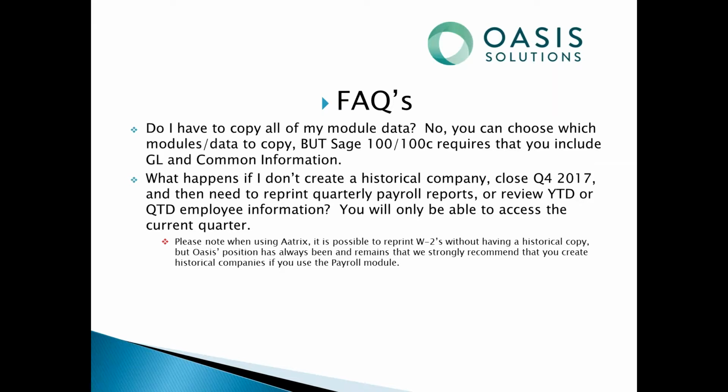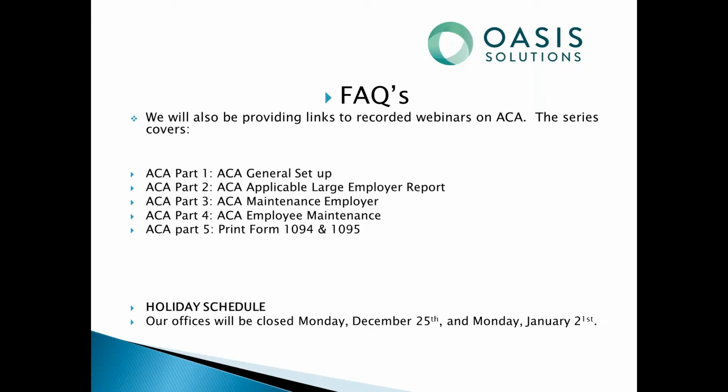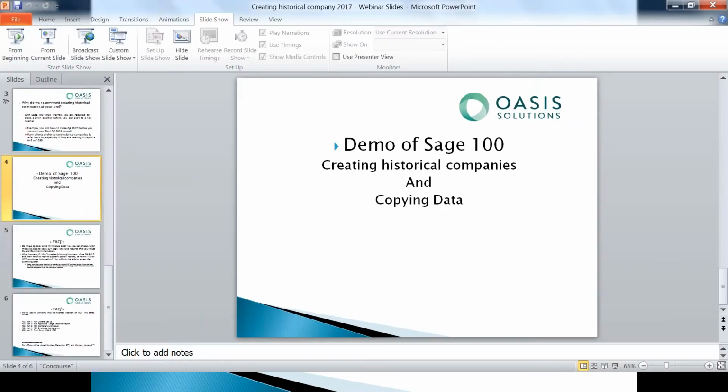You obviously can copy everything if you want to. Now, one of the things that we're not actually going to demo today, but when you process your W-2s, you're actually going to process them using Aatrix, which is a third-party product that is built into your Sage software.